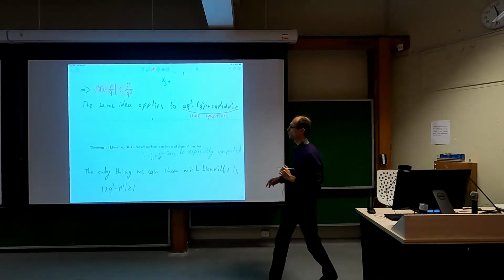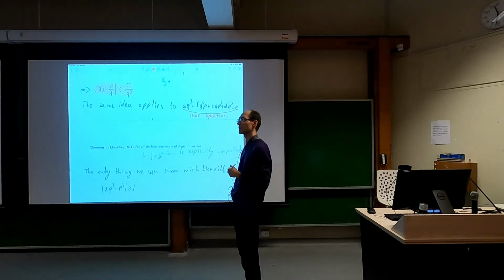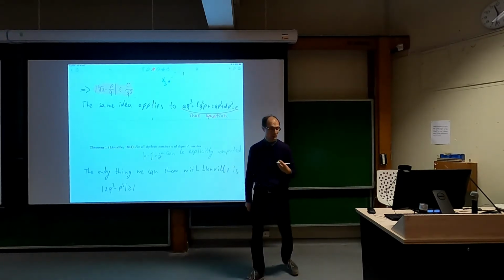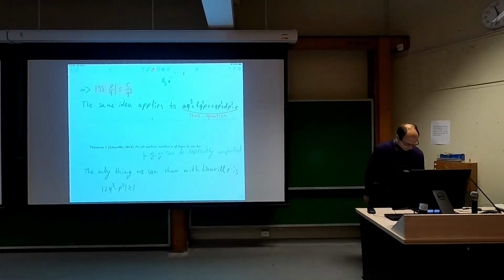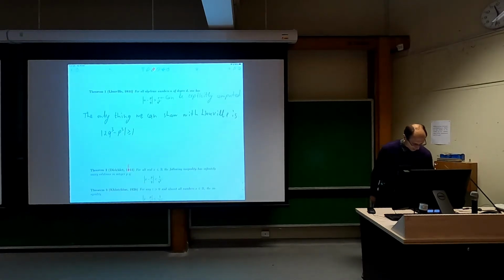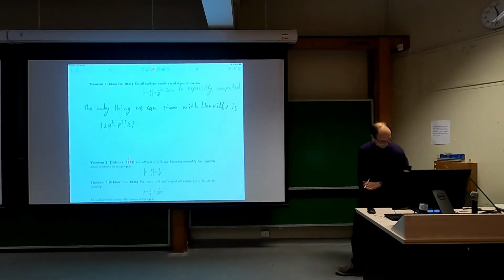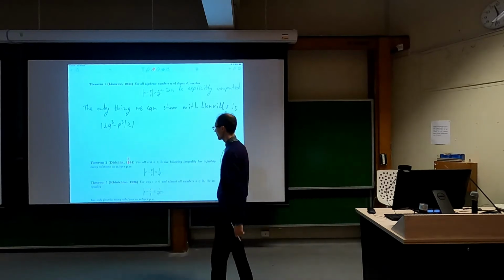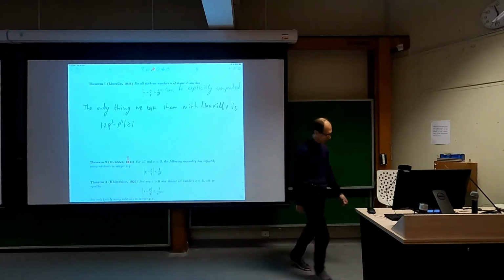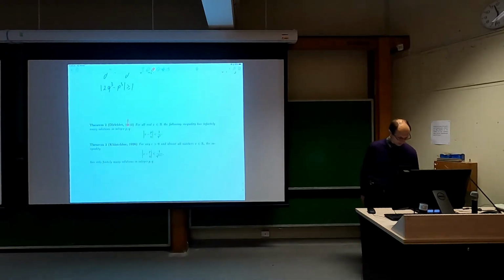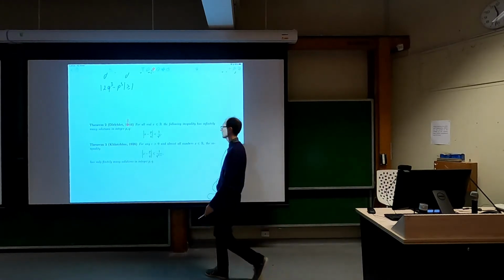Forget about cubic root of 2. Let's take an arbitrary real number x. So what can we expect? And there are some results about that. And the first one is due to Dirichlet, actually in the same year as Liouville, 1844.